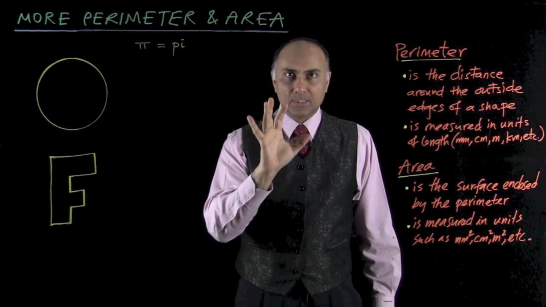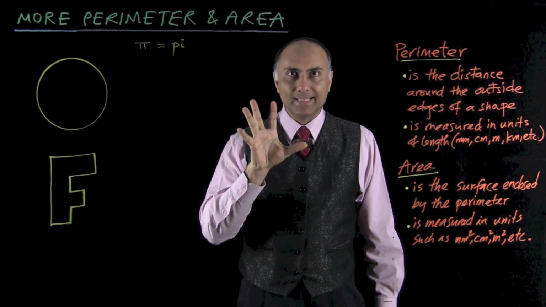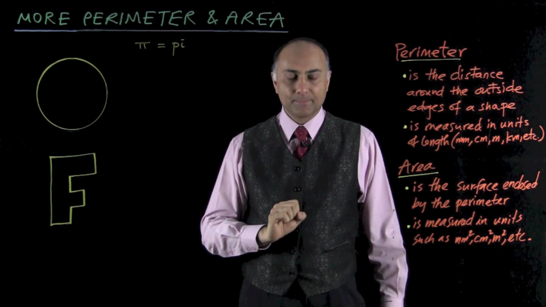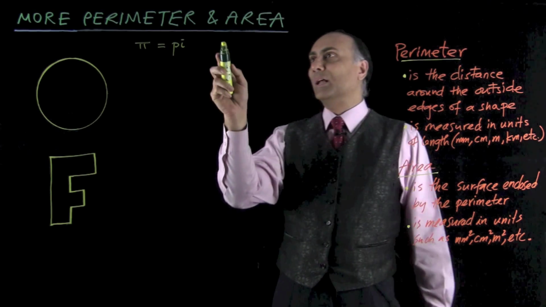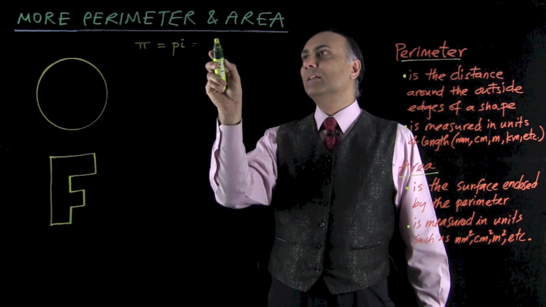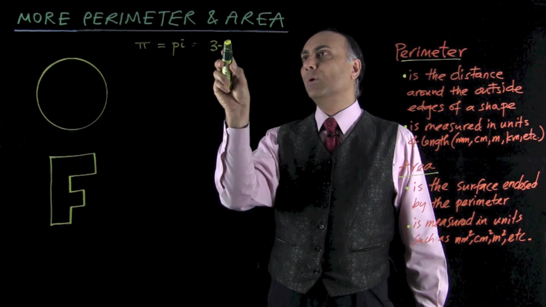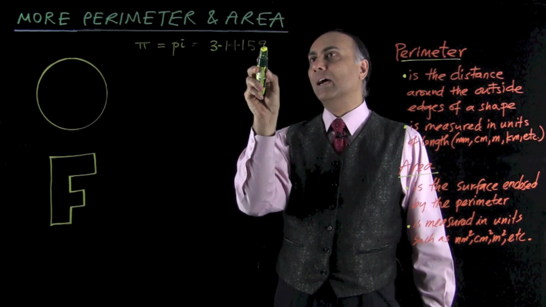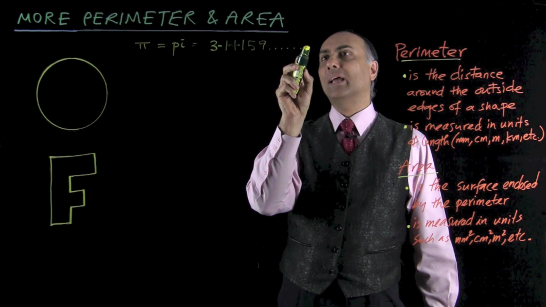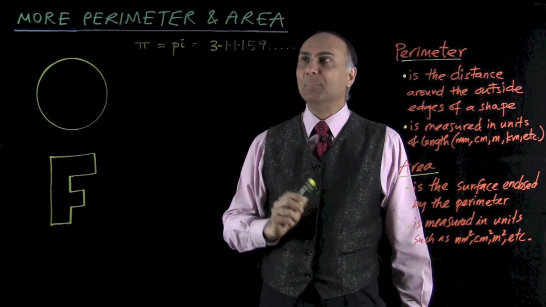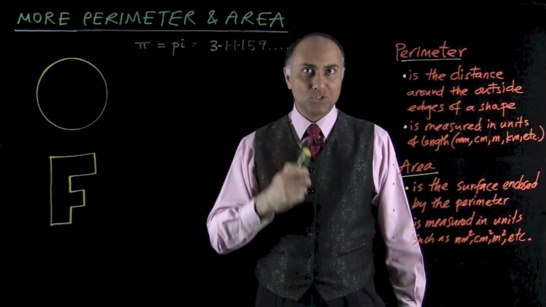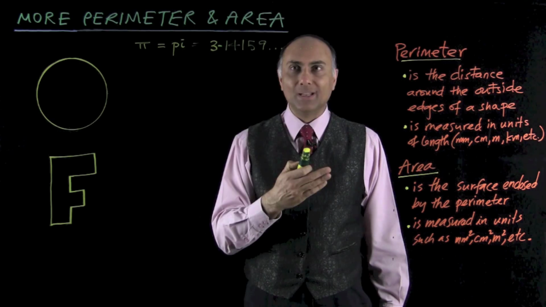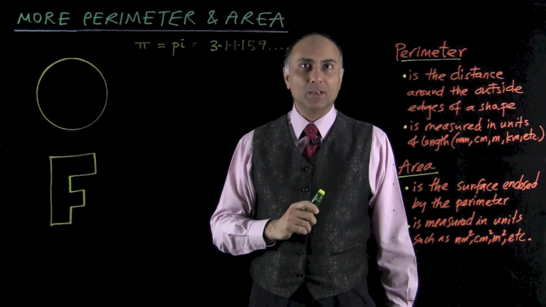Pi is a constant, it's a fixed number, it's set, and it's just over 3. In fact, it is 3.14159, and it goes on and on. But you never need to use it to that much accuracy. If anything, in a test without a calculator, perhaps 3.1.